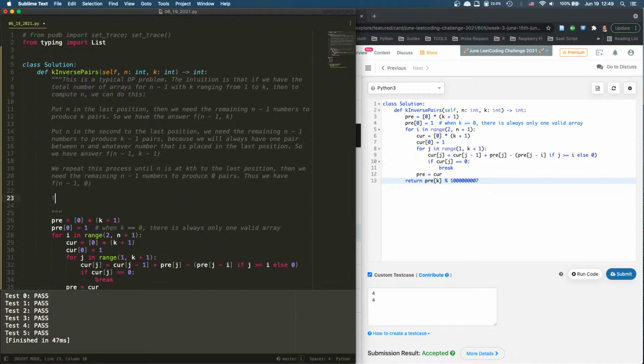So, therefore, f(n, k) equals f(n minus 1, k) plus f(n minus 1, k minus 1) plus, and so on, plus f(n minus 1, 0).